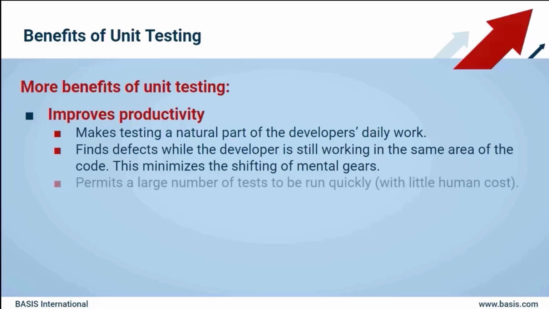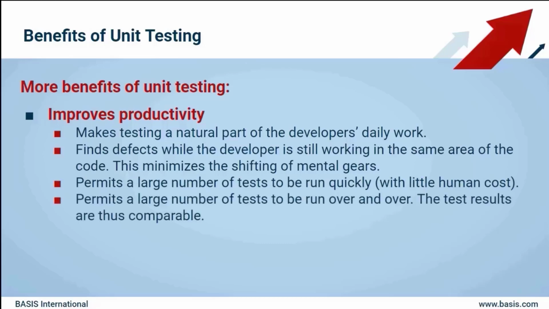It permits a large number of tests to be run quickly with little human cost, and permits a large number of tests to be run over and over and over again. Thus, the test results are comparable, meaning if I run the same test 3 times in a row over 3 days, I can reasonably expect to get the same results unless something has changed and there's a problem, which is what I'm out to find.